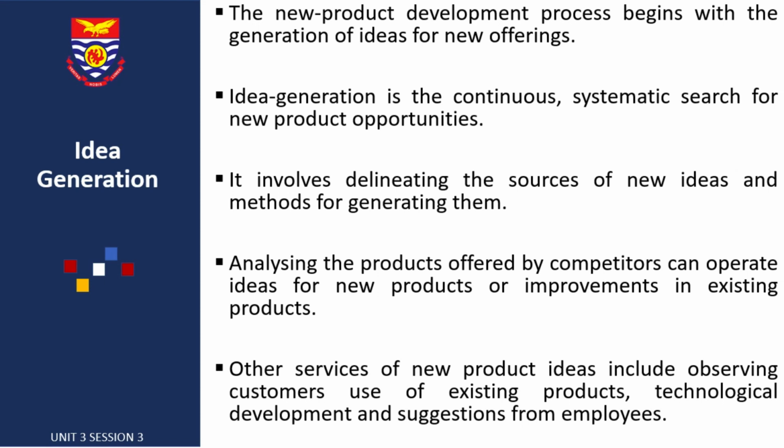Other sources of new product ideas include observing customers closely with the use of existing products, technological development, and suggestions from employees. All these things can help a marketing manager to come up with ideas for new products.